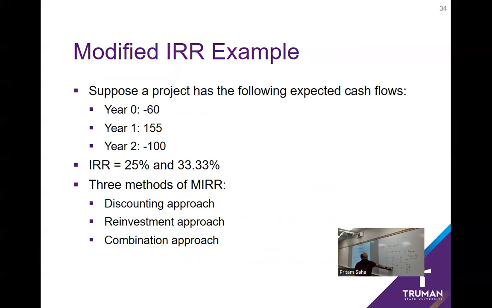Nothing in year 1, okay? And then positive 86 here. Any non-conventional problem exist? No, right? Sign changed only once.